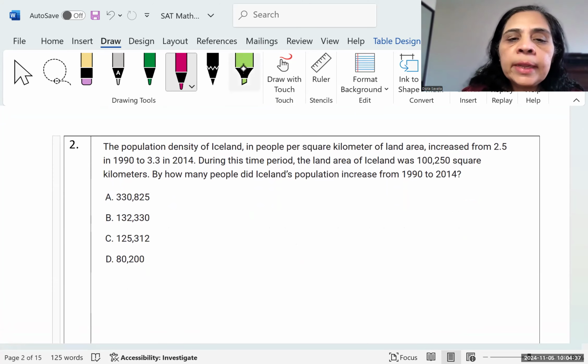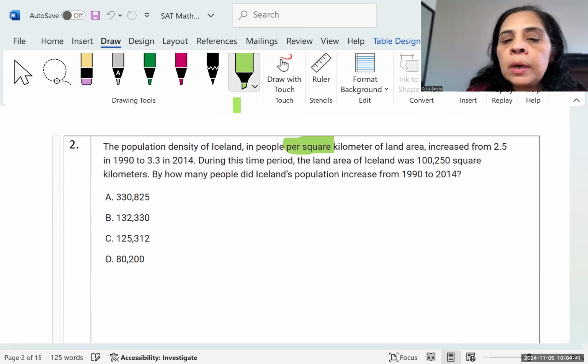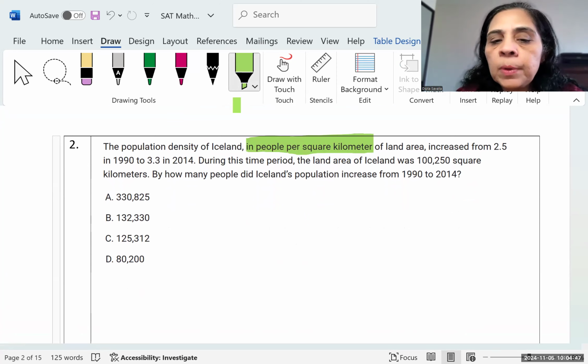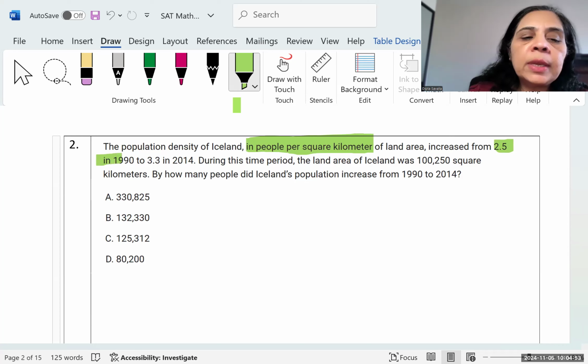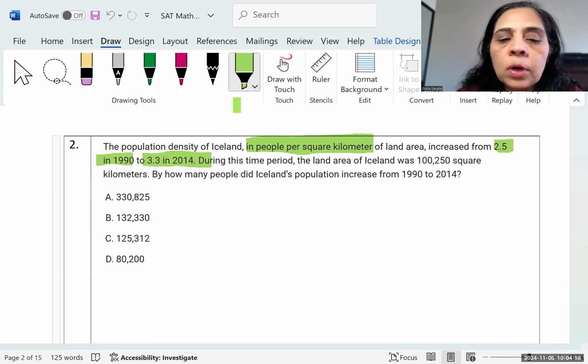The population density of island in people per square kilometer. Look at this, how they give you. Population density of island in people per square kilometer of land area increased from 2.5 in 1990 to 3.3 in 2024.